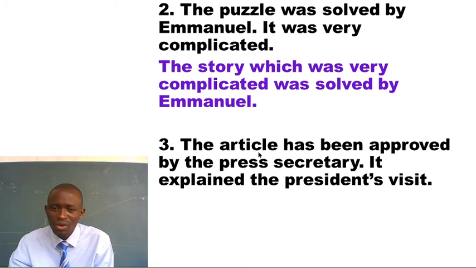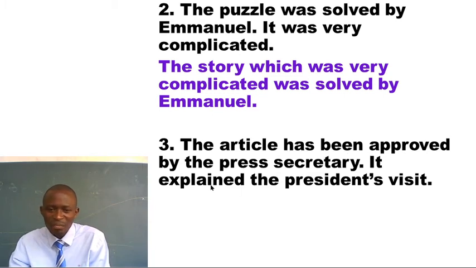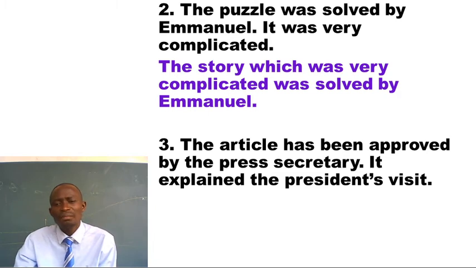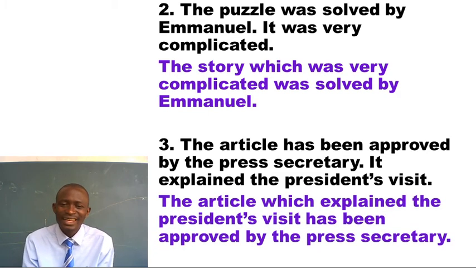The article which, you replace the full stop and the relative pronoun given here with the given conjunction which. We shall say, the article which explained the president's visit has been approved by the press secretary. Simple as that, dear friends. The article which explained the president's visit has been approved by the press secretary.